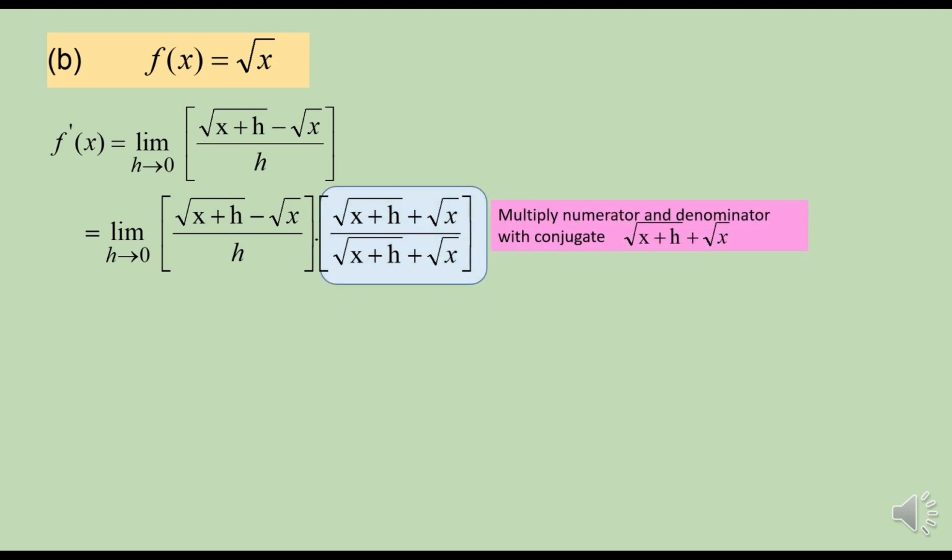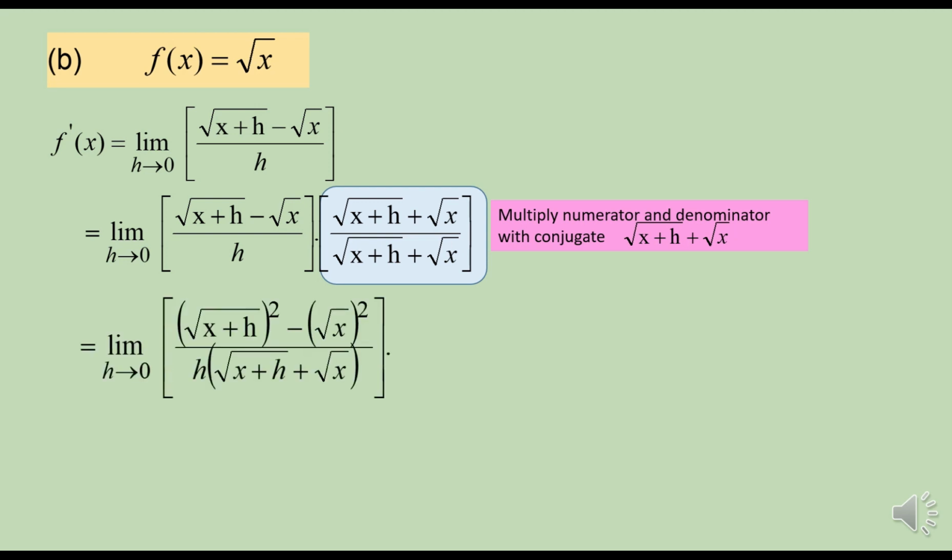Then we need to multiply the numerator and the denominator with the conjugate of the numerator, that is square root of (x plus h) plus square root of x. Then we simplify the numerator first. We will see that this expression will become [square root of (x plus h)] squared minus [square root of x] squared. The denominator will remain the same.